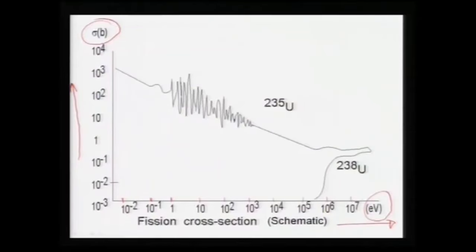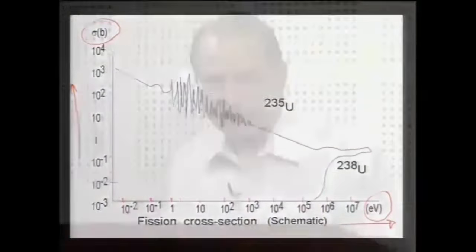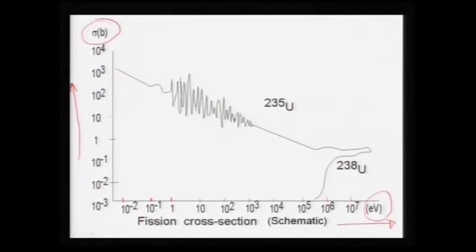So, this horizontal axis is in logarithmic scale, in electron volts. The vertical scale, cross section, is also in logarithmic scale. This is 1 barn, and this is 10 barn, and this is 100 barn, this is 1000 barn, this is 10,000 barn, and so on. This is 0.1, this is 10 to the power minus 2, and this is 10 to the power minus 3, and so on.